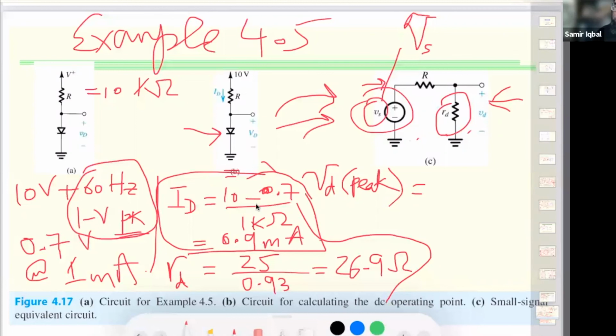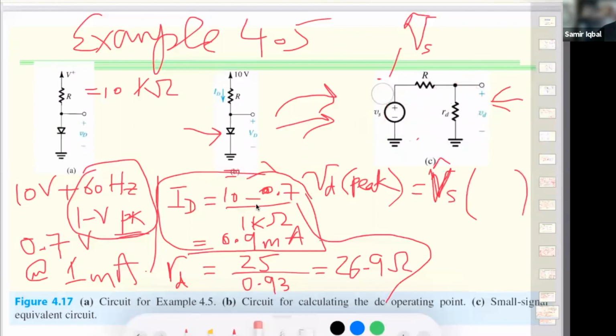Now peak. Somebody help me write my voltage divider equation where I want to find the voltage across this one. All right, which voltage are we talking about? We're talking about Vs, which I said, okay, they're writing it as Vs cap. Help me write the voltage divider. Let me clean this up so we know what we want to find out.